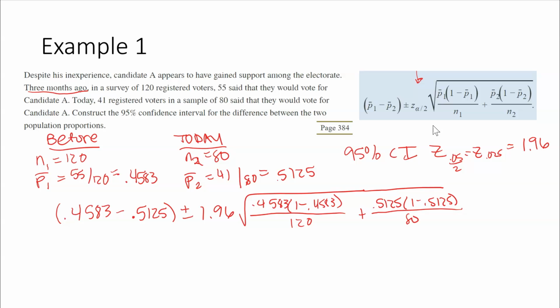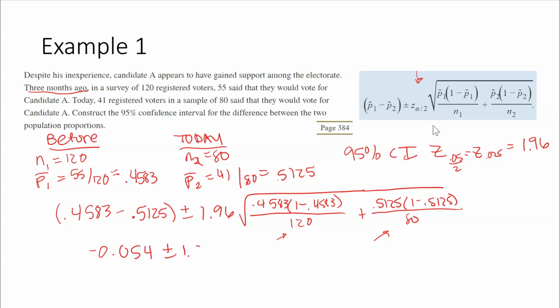So calculate this super carefully. I would put this into the calculator, add them together, then square root them, then multiply them by 1.96. You may end up with some different rounding issues, but let's see how close we can get to each other here.